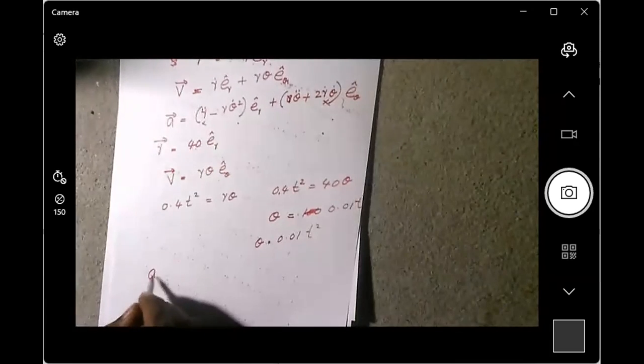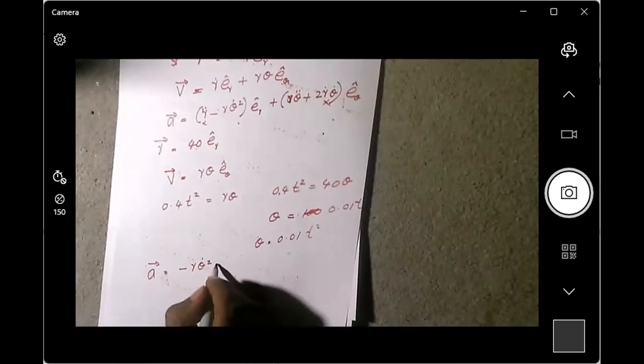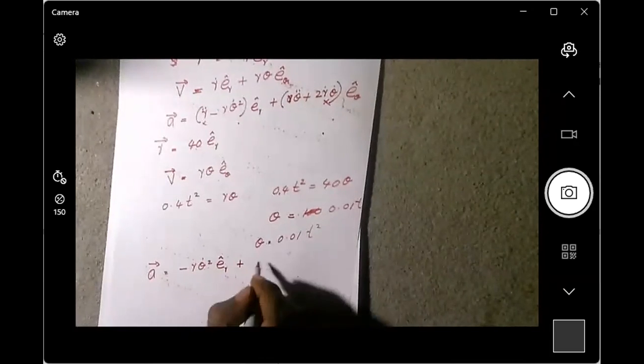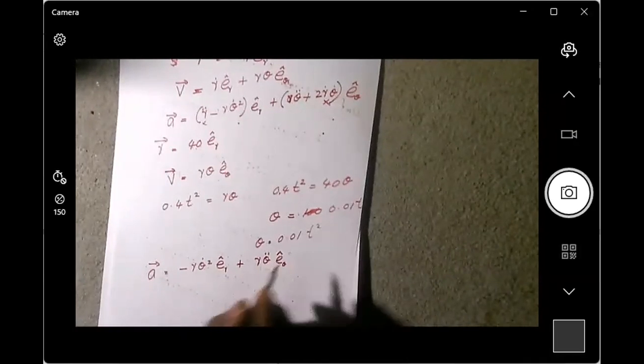So the acceleration is really minus r theta dot squared in e r direction plus r theta double dot in e theta direction.